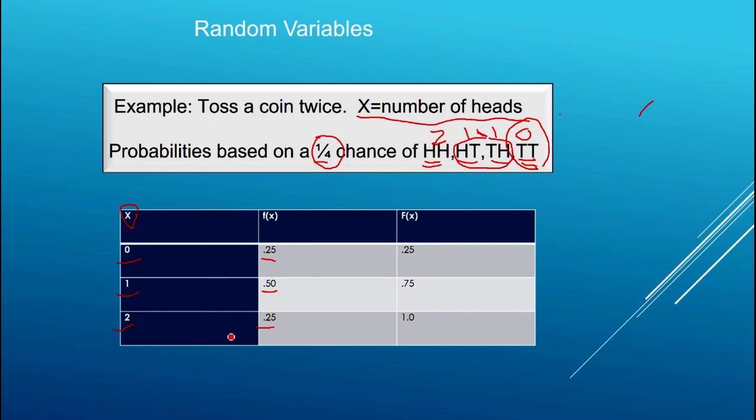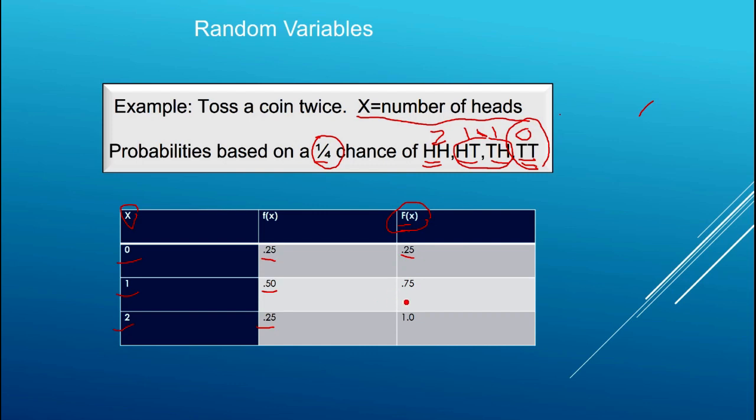And of course, if I add all of those numbers up, it's not surprising that I get an answer of 1, or 100%. We can also talk about the cumulative probability function, and we denote that with a capital F. Just like the cumulative frequency distribution, there's no difference here. We start out with 0.25. So the probability that x takes on a value of 0 or less, and it's impossible to have less than 0, is 0.25.